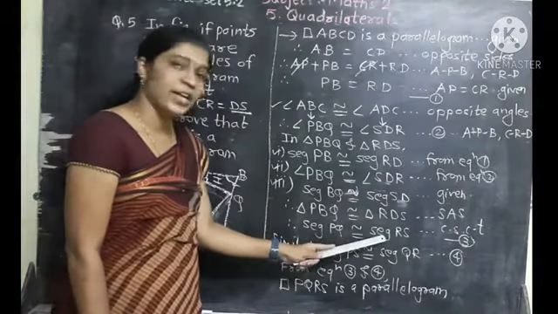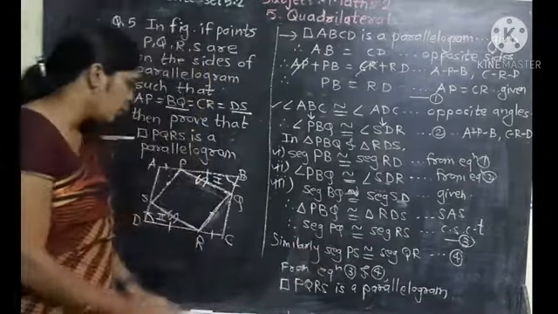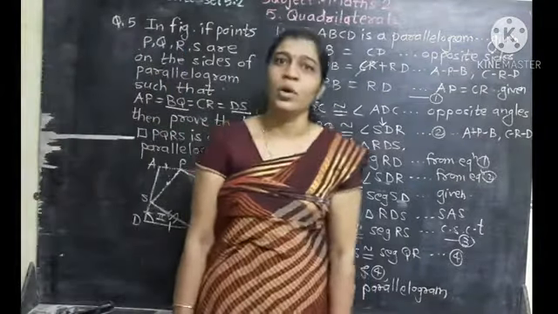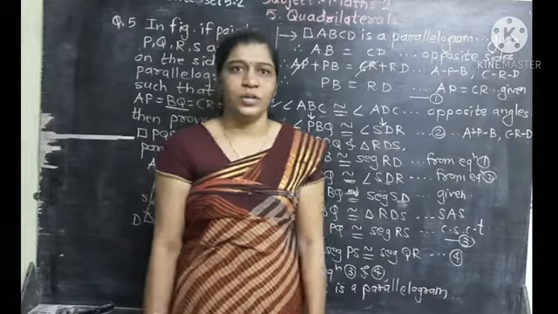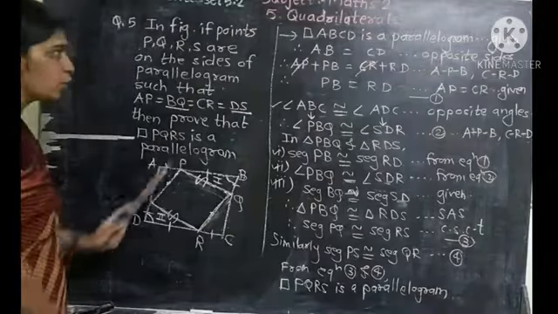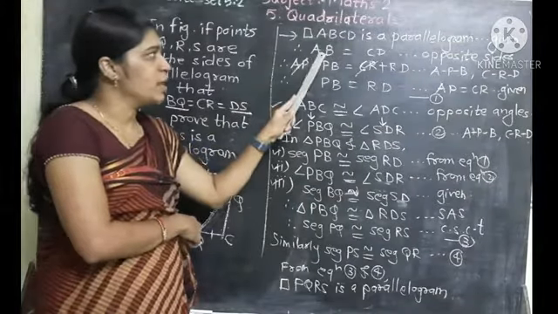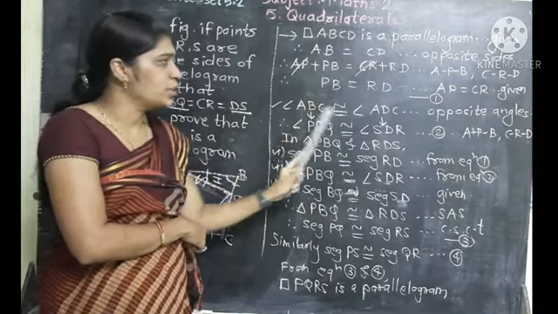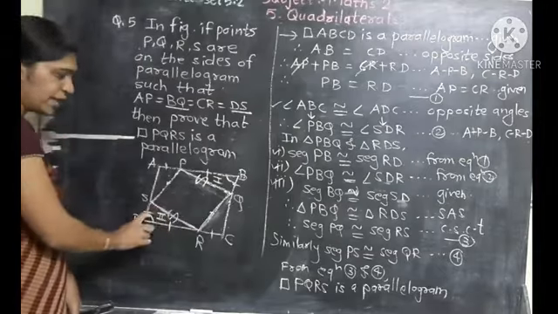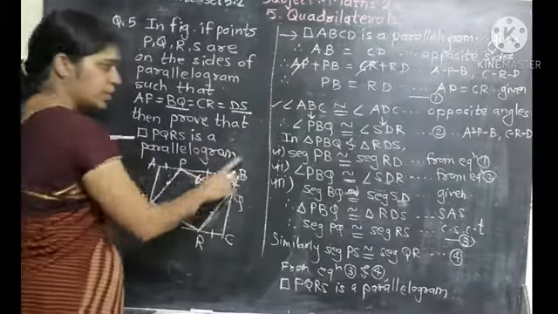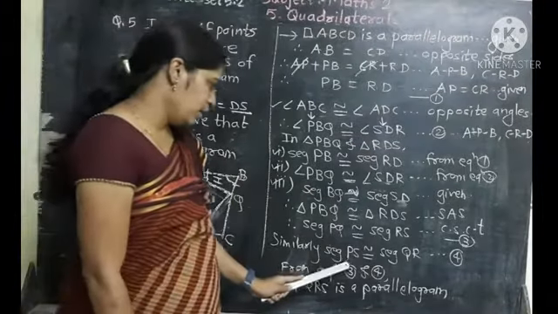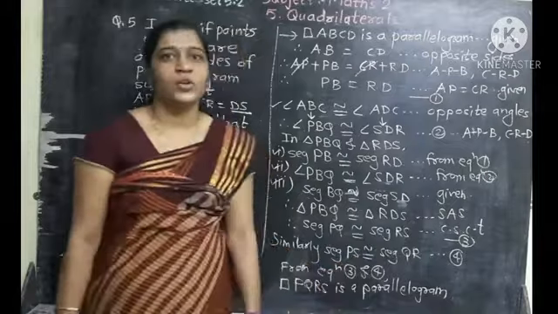From equation number 3 and equation number 4, we say that quadrilateral PQRS is a parallelogram, because here we prove opposite sides are congruent. Okay, understand this step? From quadrilateral ABCD being a parallelogram, we write two steps: opposite sides are congruent and opposite angles are congruent. And we prove this theorem. Similarly, we take these opposite sides and prove that segment PS is congruent to segment QR.